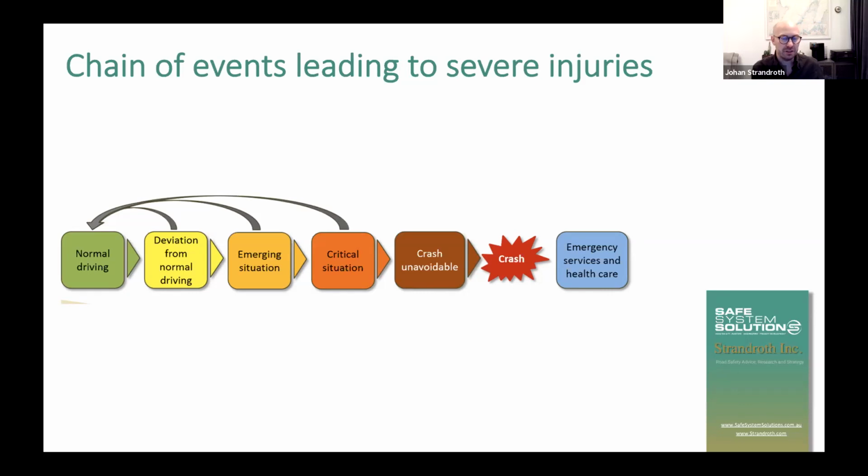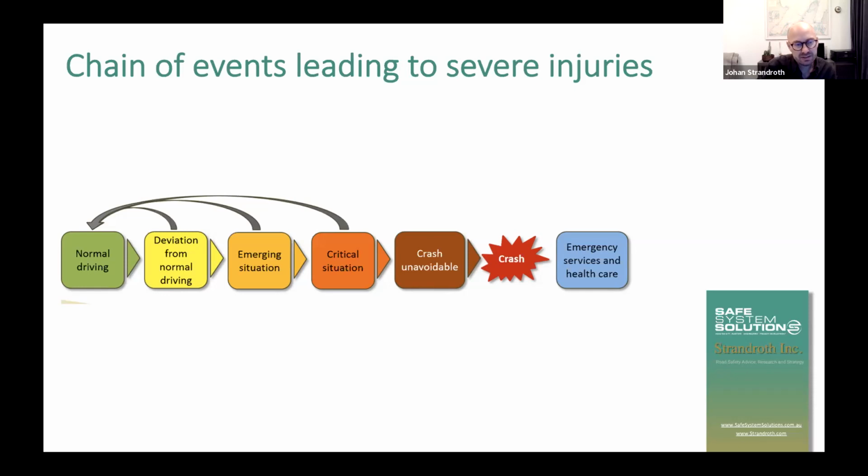Maybe we are distracted, we pick up a mobile phone, or we start to feel fatigue, something that deviates from normal driving. So I'm not 100% in the loop anymore as a driver. And then there is an emergent situation. Maybe there's something happening in an intersection that I don't observe. I drift close to the center line, or there's something else, and I don't correct anything, which means that it goes into a critical situation.